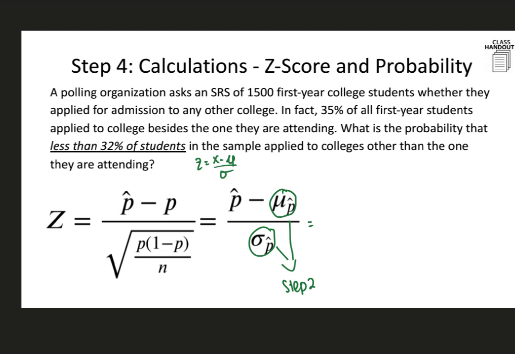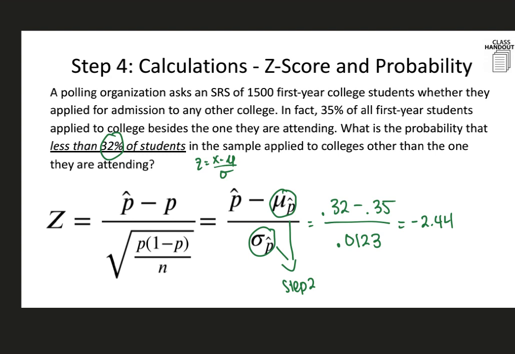Okay, and p-hat we identified in step 1. So p-hat is 32%, so it's going to be 0.32. Remember, the mean of our sampling distribution is 0.35. And the standard deviation we found in step 2 is 0.0123. So when we put that all into our calculator, we get negative 2.44. And since we are using z-scores, I know to round to 2 numbers after the decimal.